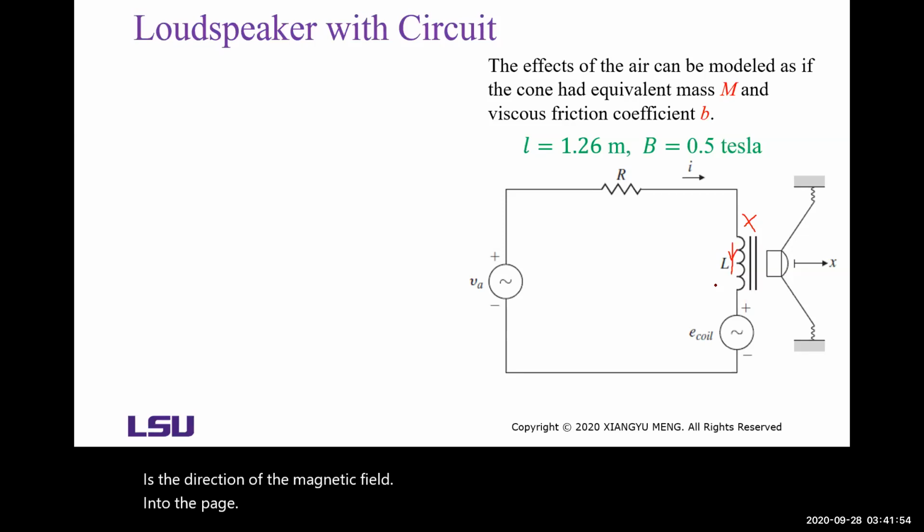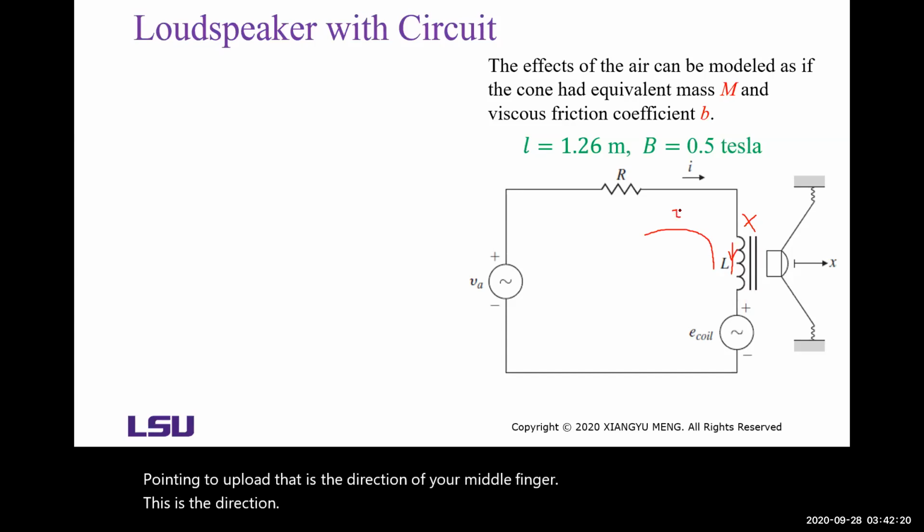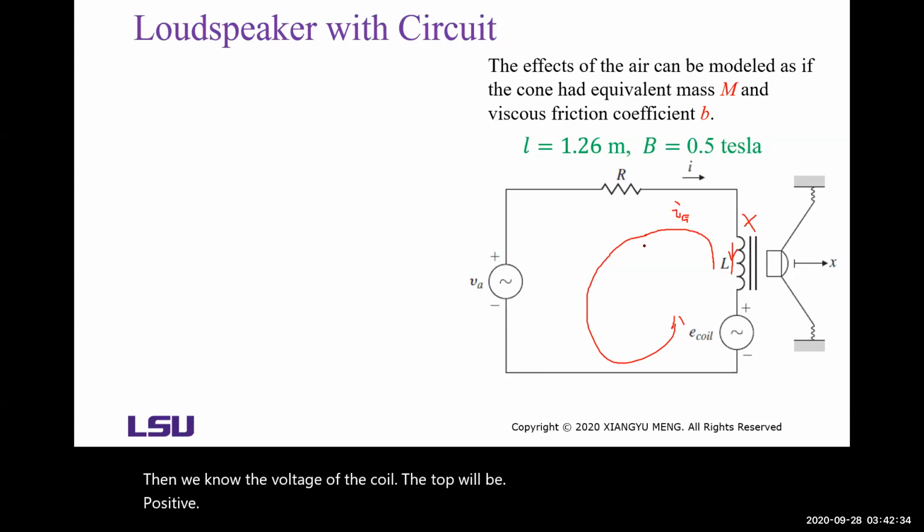Then we know the current being generated due to the law of generator will be pointing upward. That is the direction of your middle finger. This is the direction, say I_G. Then we know the voltage of the coil: the top will be positive, and the bottom will be negative.